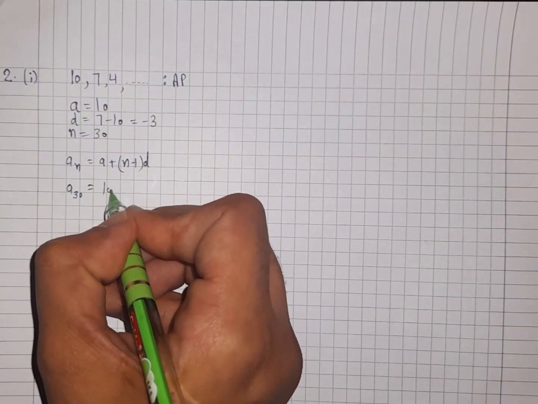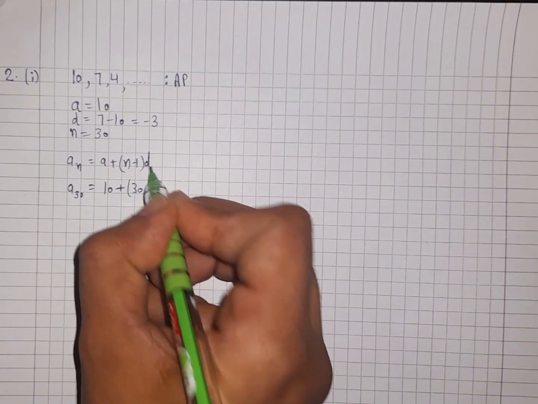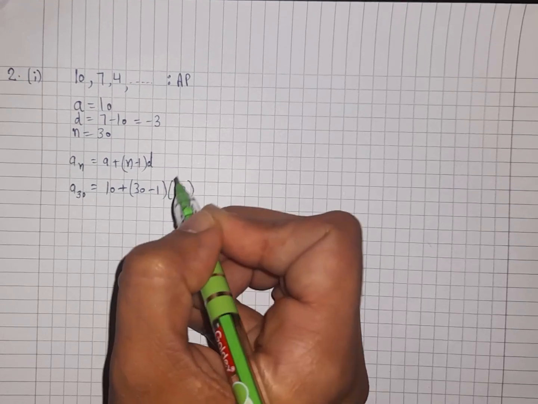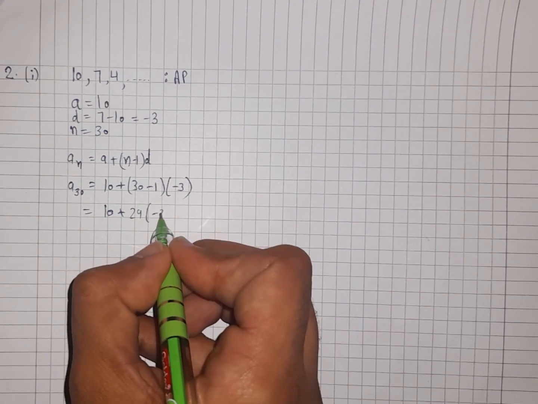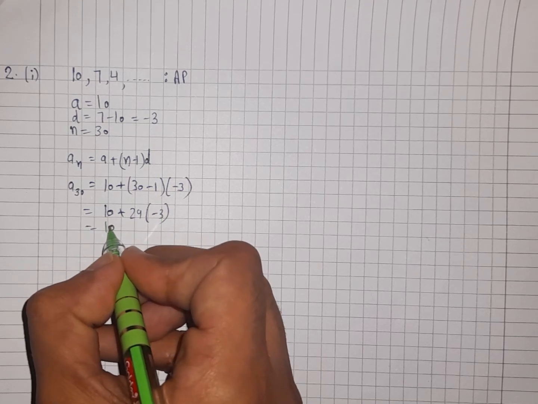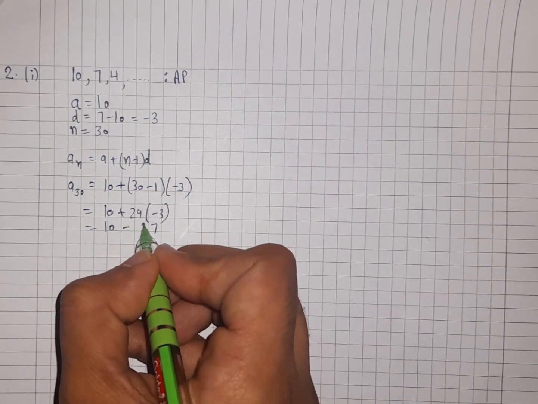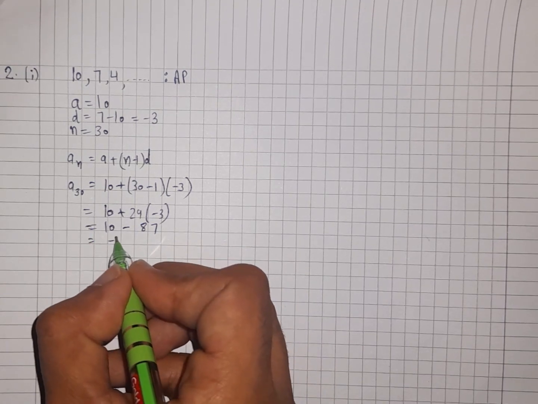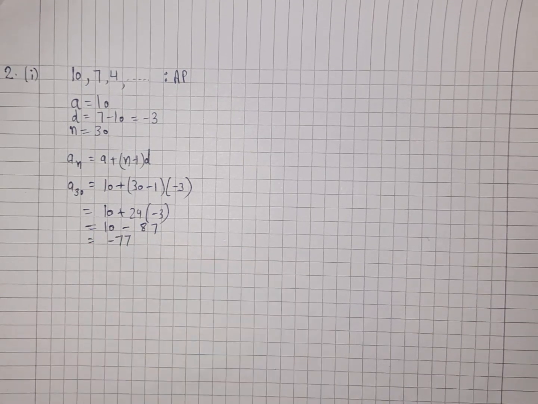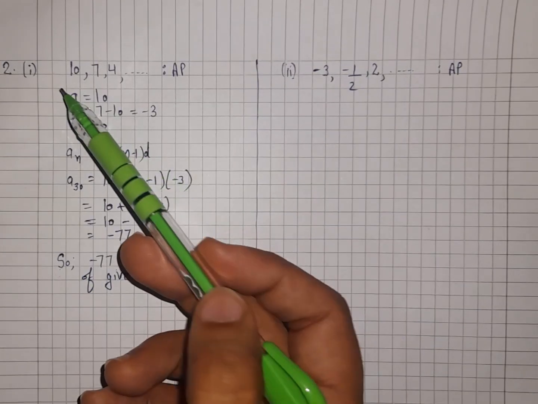So a equals 10 and 30 minus 1 into d, minus 3. So 10 plus 29 into minus 3 equals 10 minus 87, which equals minus 77. So minus 77 is the 30th term of the given AP.